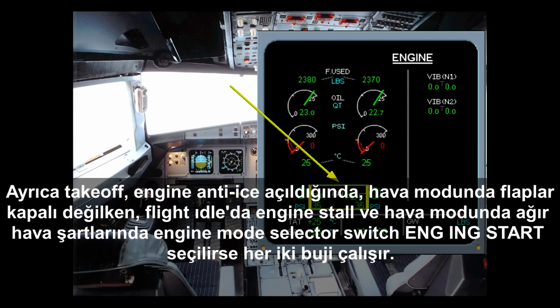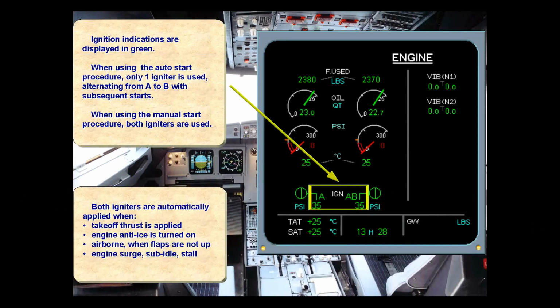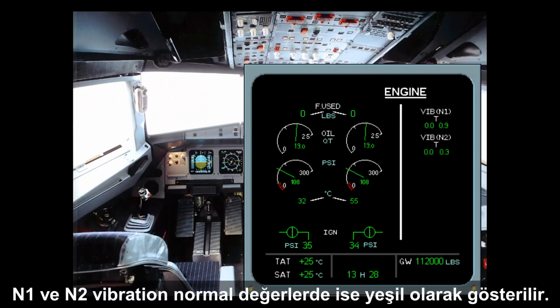Both igniters are automatically applied when takeoff thrust is applied, engine anti-ice is turned on, airborne when flaps are not up, engine surge, sub-idle, stall. Vibration indications are normally displayed in green.